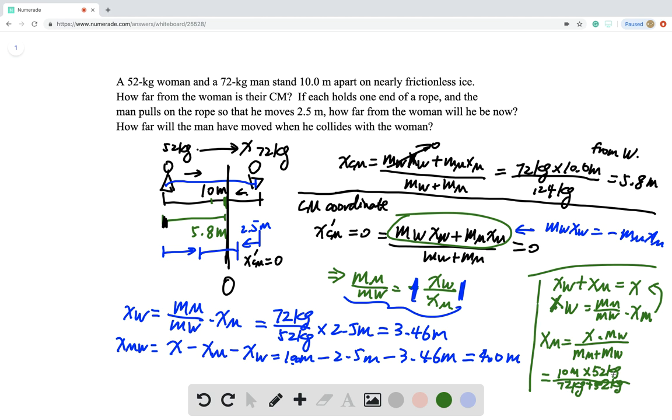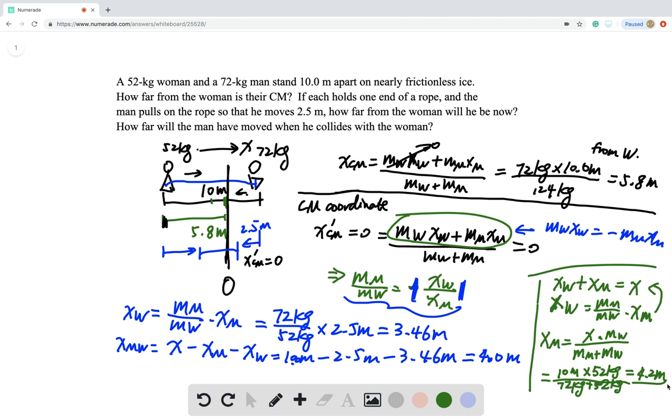This gives us 4.2 meters. So in order for these two people to be together, the man has to move 4.2 meters. And because he pulls on the rope, the woman will be moving towards him for the remaining 5.8 meters.